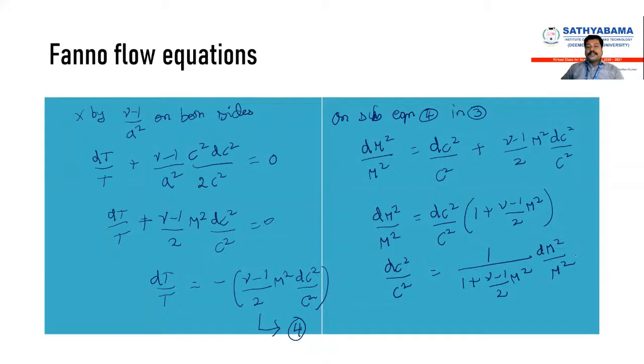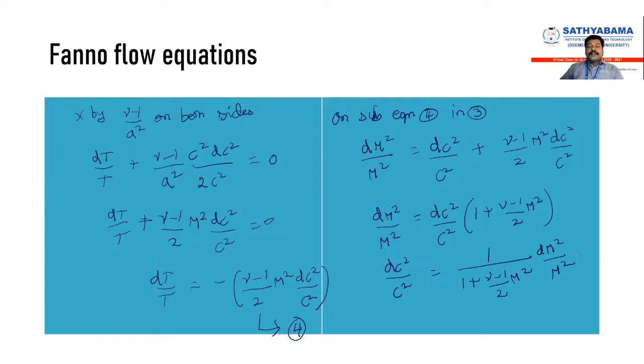So this is your Fanno equation. If you are treating the flow as subsonic, you have acceleration, and you will obtain it from this equation only. Whether your flow is supersonic, again you have deceleration, and this deceleration can be represented by this equation.